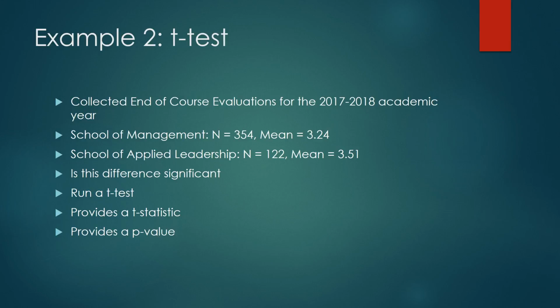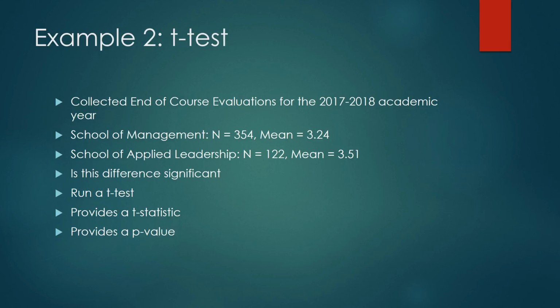For the School of Management, we had 354 classes that were taught over that year, and the mean end-of-course evaluation score is 3.24. For the School of Applied Leadership, we had N equals 122, so 122 classes were taught from that school over the last academic year, and the mean was 3.51. Is that difference statistically significant?